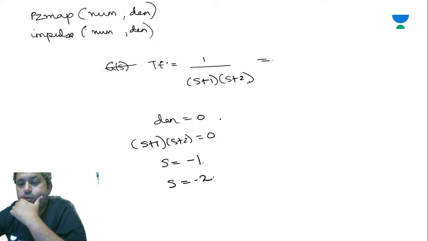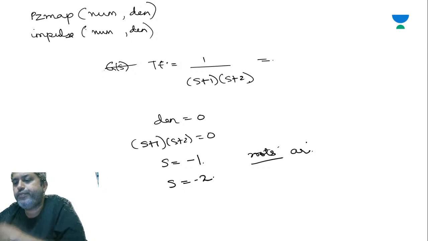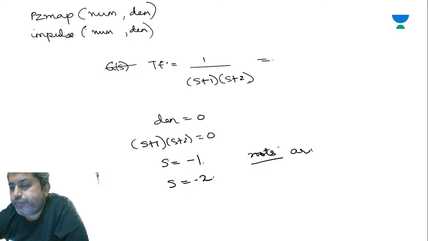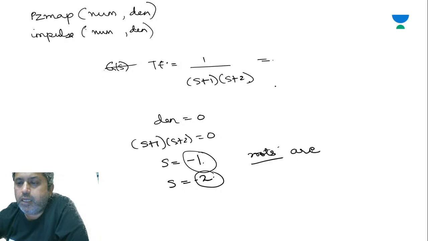So what are the roots? The real parts are minus 1 and minus 2. You want 0 real part.